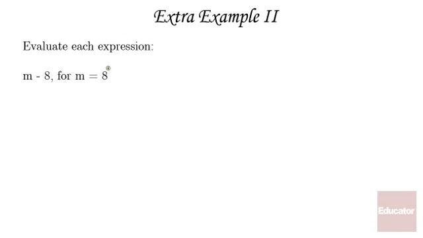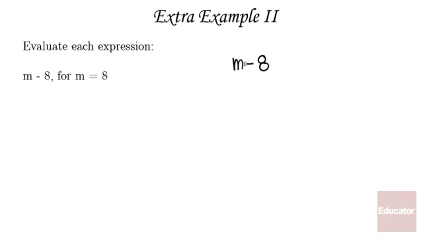Now this next one, m minus 8. That's my expression. They want me to evaluate this expression when they tell me that m is equal to 8. So here's the expression. M minus 8 is my expression. And they told me that m is 8.